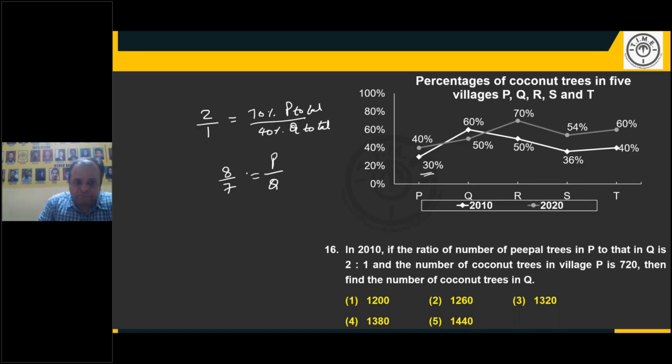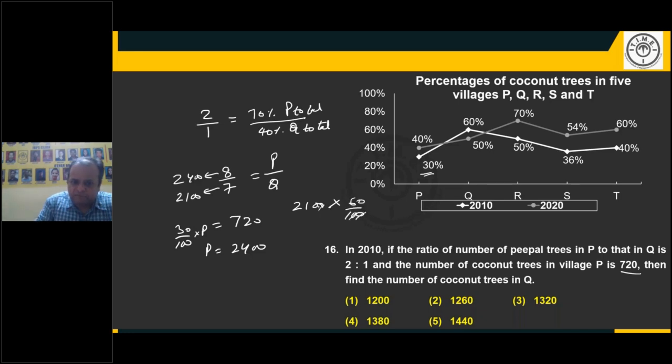Now we also know that coconut trees is 720, right? So this value we have already worked out. 720 is represented of 30% of P. So P ka total is 2400. Now if 8 ka value is 2400, this value would be 2100. All we have to do is, 2100 is Q ka total, and we have to find coconut trees, that is 60%.